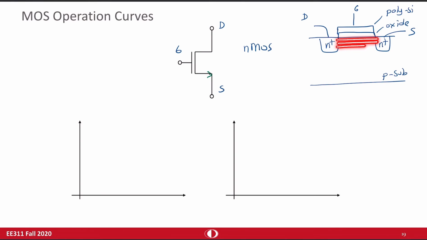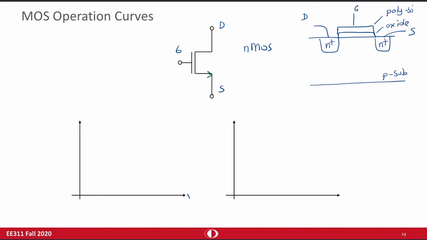As you increase the potential, the channel thickness increases. But until you get to that threshold point, no channel is there, and therefore no current passes between drain and source. When you pass that threshold voltage, the channel is formed and the current starts flowing. If you go beyond the threshold voltage further, the channel thickness increases, the channel resistance decreases, and because of that you start getting more and more current.